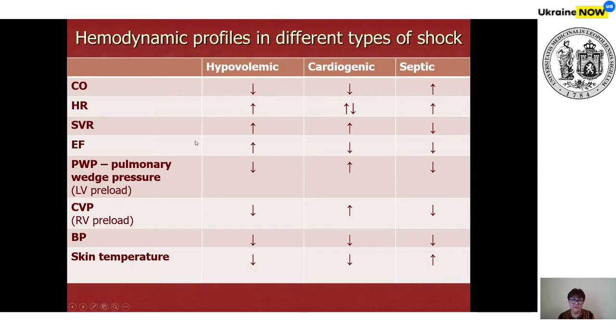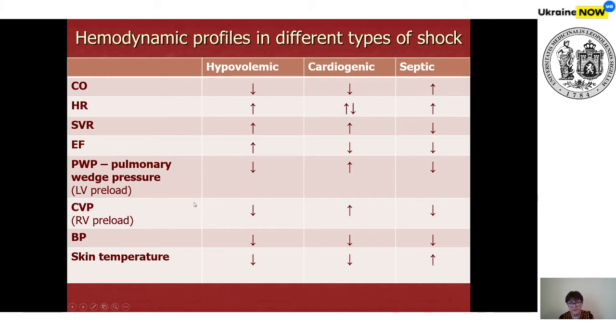Systemic vascular resistance is decreased only in septic shock. In other types, it's increased, compensatory. Ejection fraction. In hypovolemic shock, it's increased, but in cardiogenic and septic shock, it's decreased. It's the ejected fraction of end diastole volume of left ventricle.